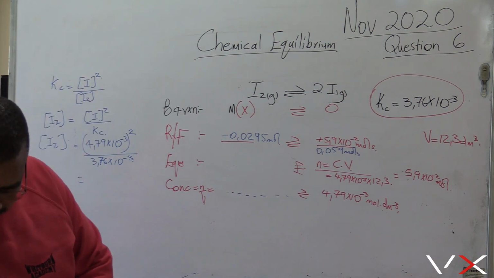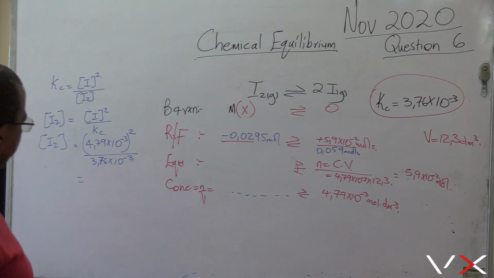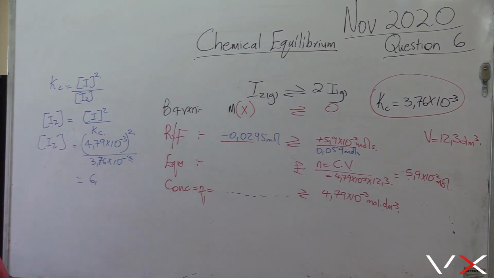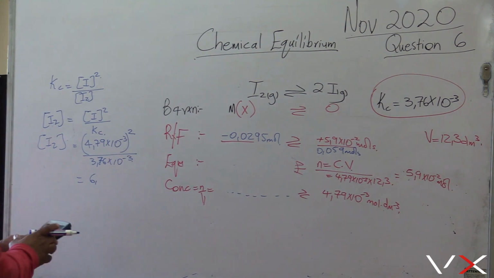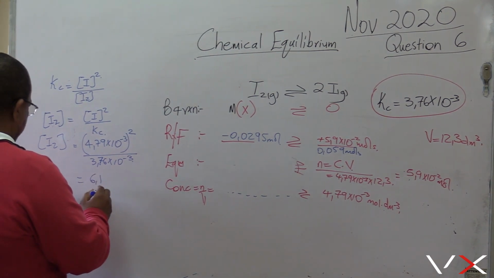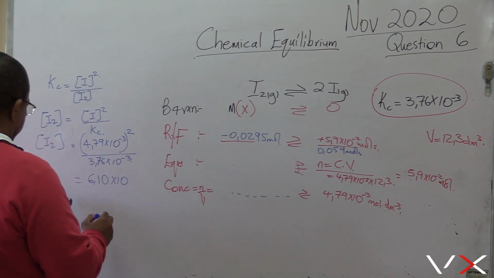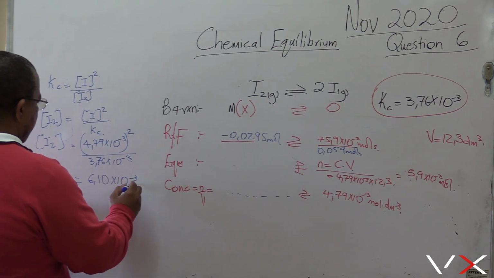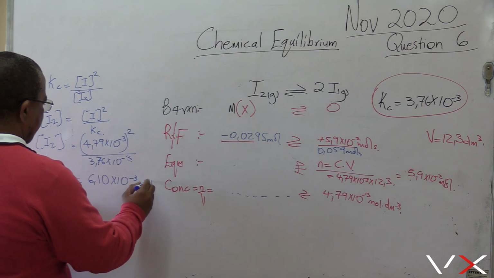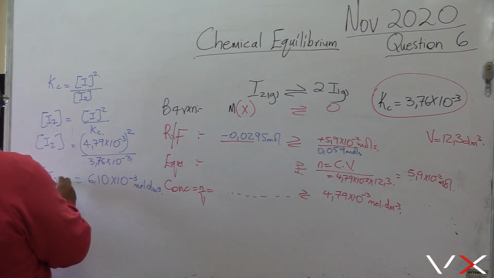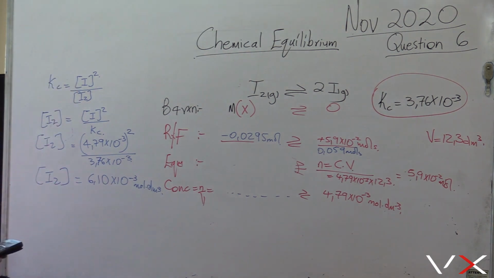I get 6.10 times 10 to the power minus 3 mole per decimeter cubed. That is the concentration of I2.